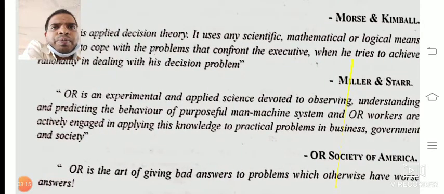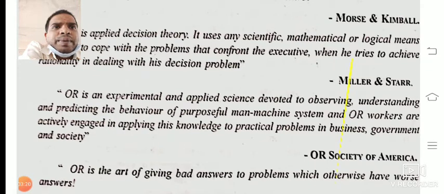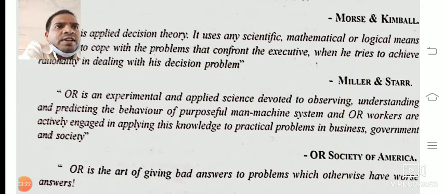This society proposed the definition of OR like this: OR is an experimental and applied science devoted to observing, understanding and predicting the behavior of purposeful man-machine systems, and OR workers are actively engaged in applying this knowledge to practical problems in business, government and society.